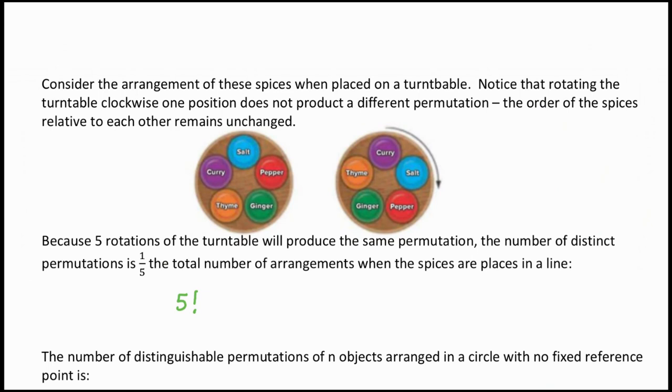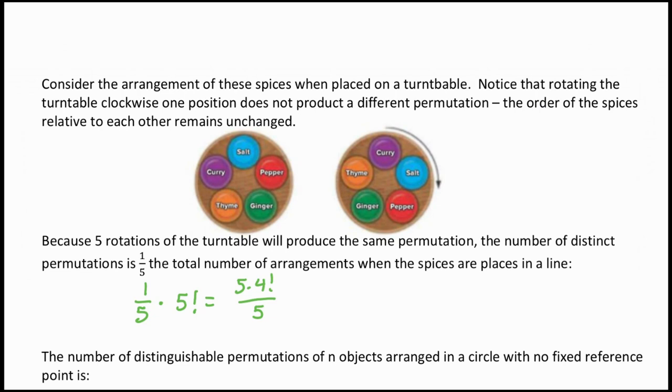But we have to account for the fact that rotation doesn't really count, because the rotation doesn't produce a different order. So instead of having 5 factorial options, we have 5 factorial times 1/5, or I can write this as 5 times 4 factorial over 5.